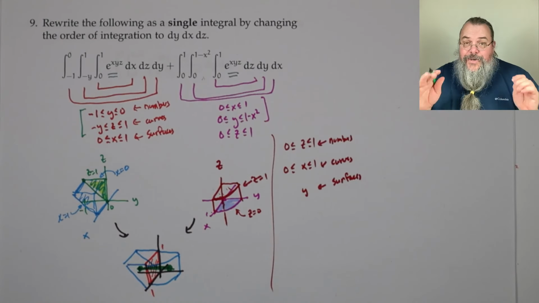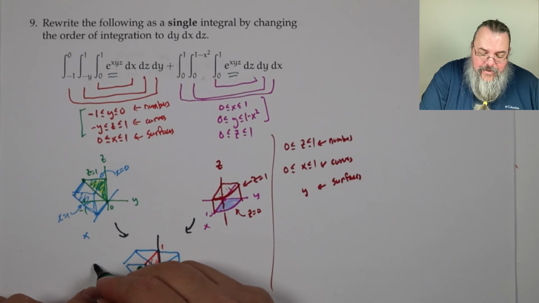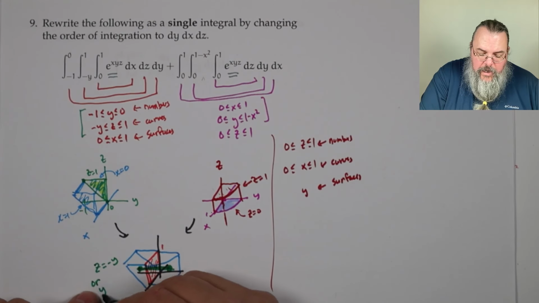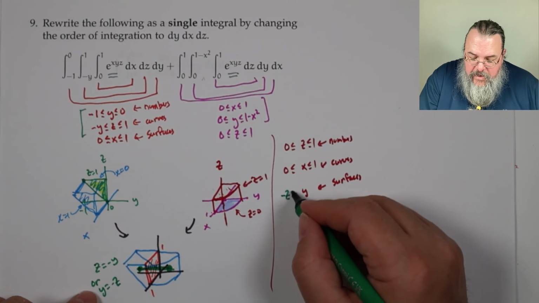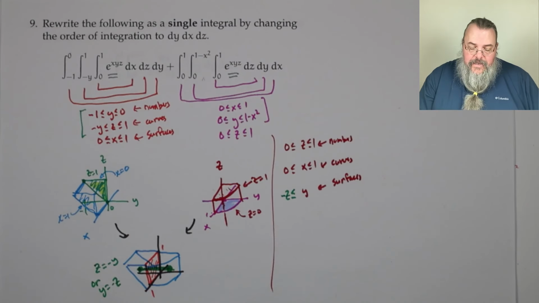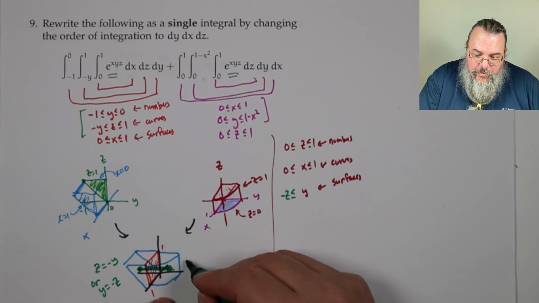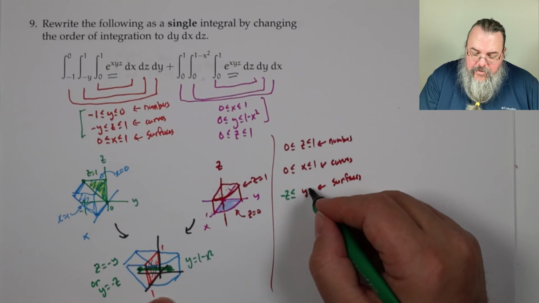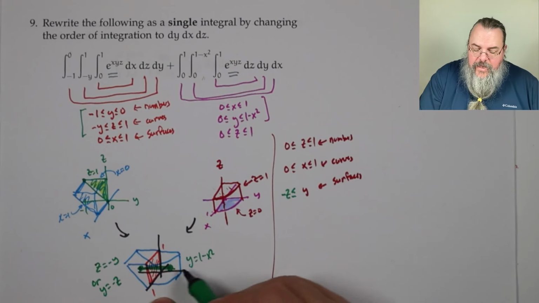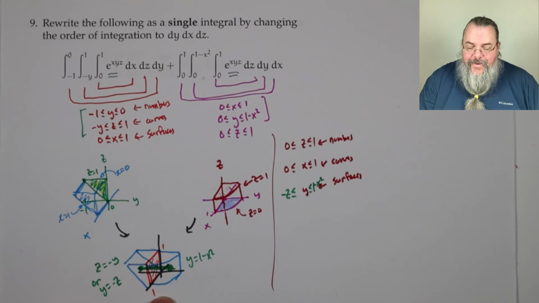What's our slanted face? On the back, that's the face z equals minus y, or y equals minus z, so minus z less than or equal to y. On the front, that's y equals 1 minus x squared. So we go from minus z up to 1 minus x squared. I ran out of space there.